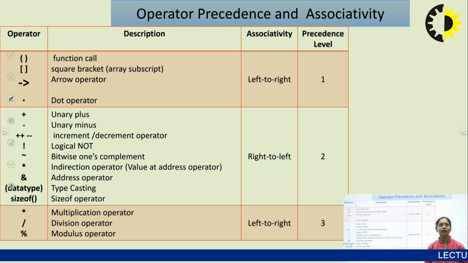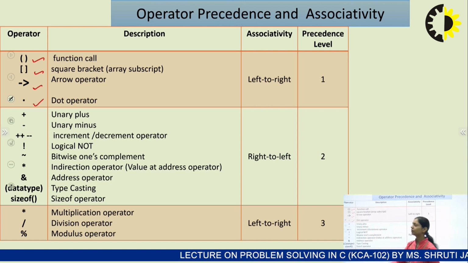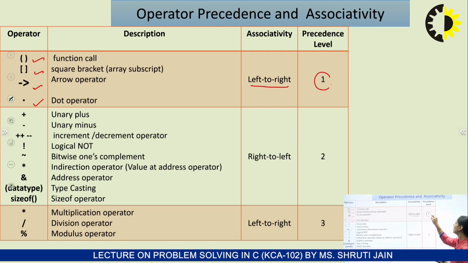So if we look over here, we have the operator precedence. The first one that we talk about is a function call or the square brackets, which are normally used in the arrays. The arrow operator and the dot operator are always evaluated from left to right and are at the first precedence level.